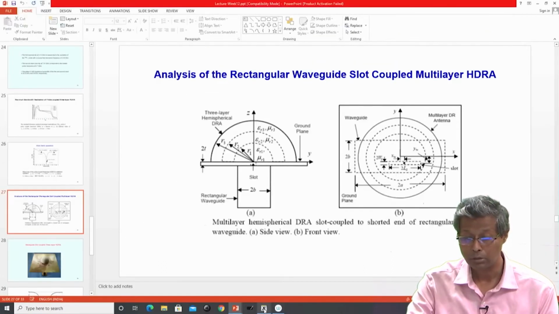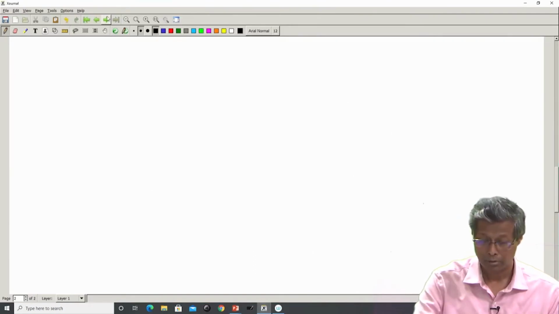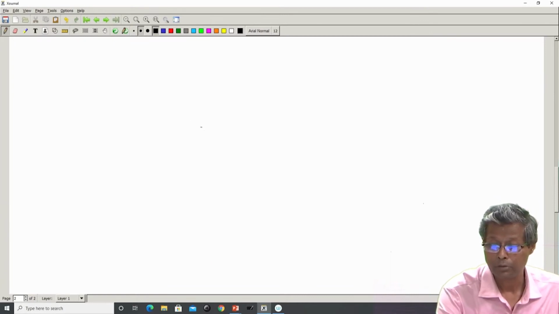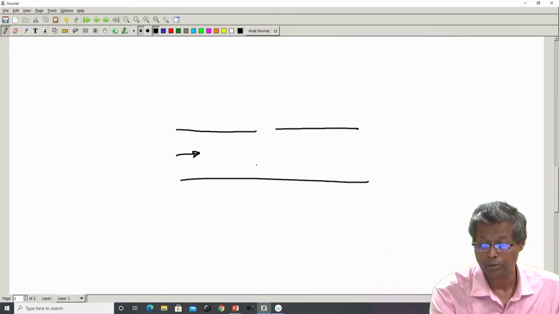So, if this is the waveguide and this is the broad wall of the waveguide, this is waveguide excitation. So, this is my waveguide broad wall.